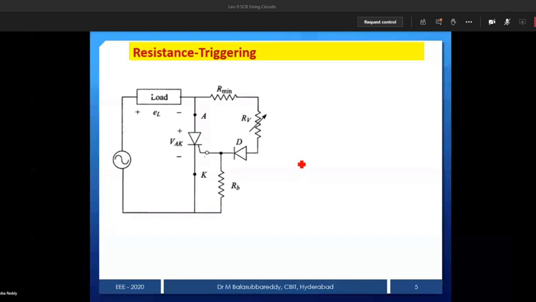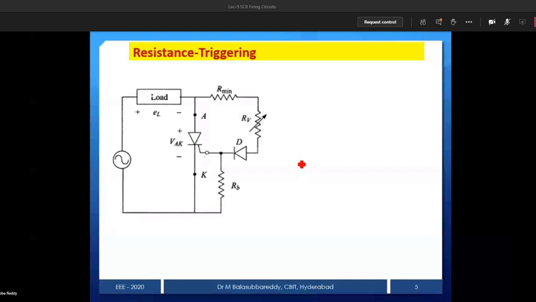We require a variable position or variable control parameter to trigger the SCR, depending upon our requirement. Even if I want to fire at 10 degrees, it has to fire, or at 60 degrees, and so on. Automatically it has to pass the gate signal by varying something.